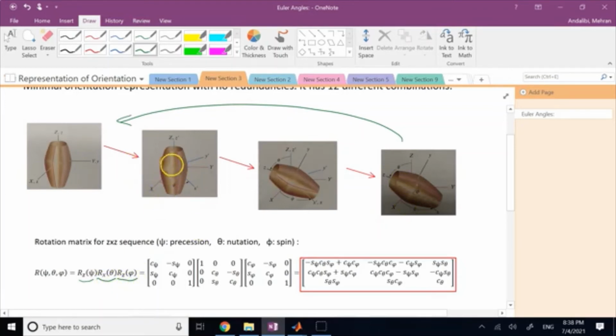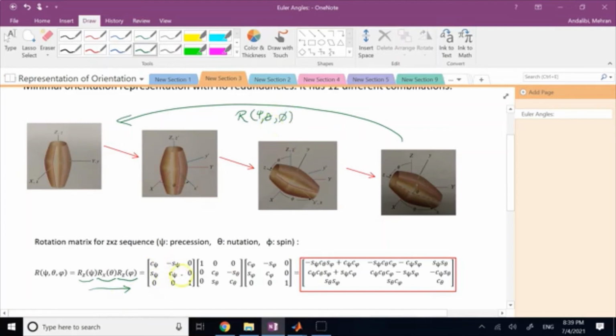And since you did it with respect to the current frames, you do pre-multiplication, and that will give you the resulting rotation matrix equivalent to all three Euler angles.